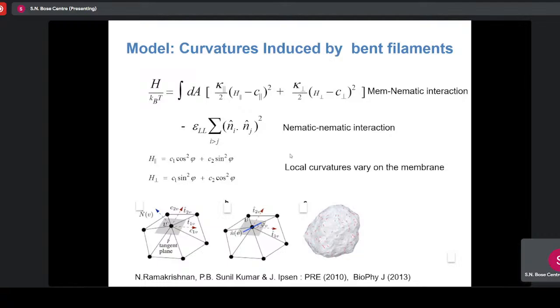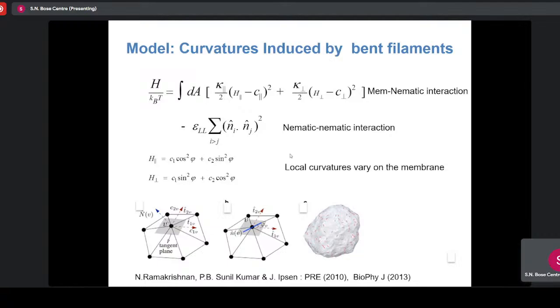Now, why is this? If you have a protein which is bent, then you would presume that the protein will force the membrane underneath to bend in that direction. So that's why this term favors that wherever the rod orientation is, the rod tries to give a curvature on the surface. But this term looks completely ad hoc at this point: I have the rod, why perpendicular to the rod there should be an intrinsic curvature.